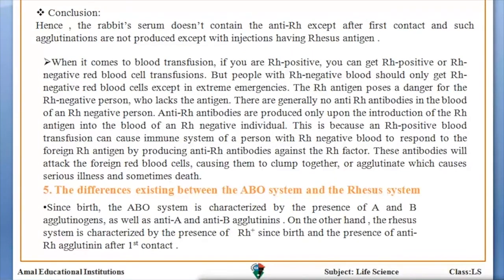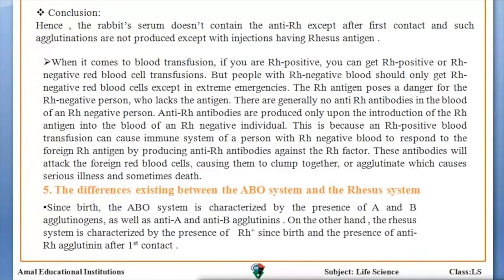It would not lead to complications. But people with Rh negative blood should only get Rh negative red blood cells. The Rh antigen, which is found on the red blood cells of an Rh positive individual, will pose a danger for the Rh negative person who lacks the antigen.